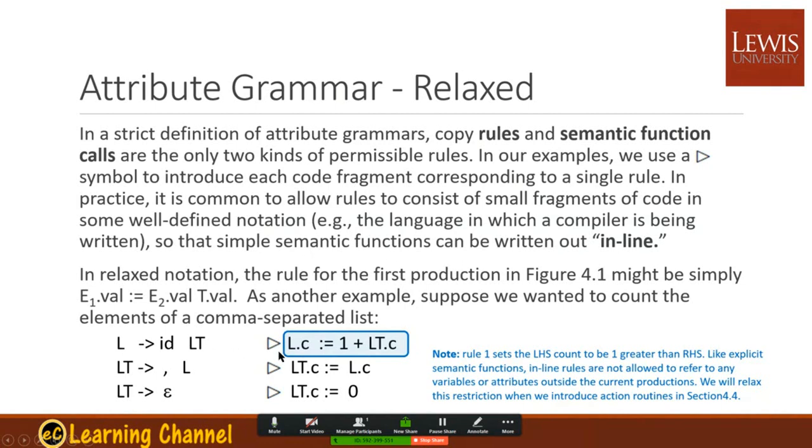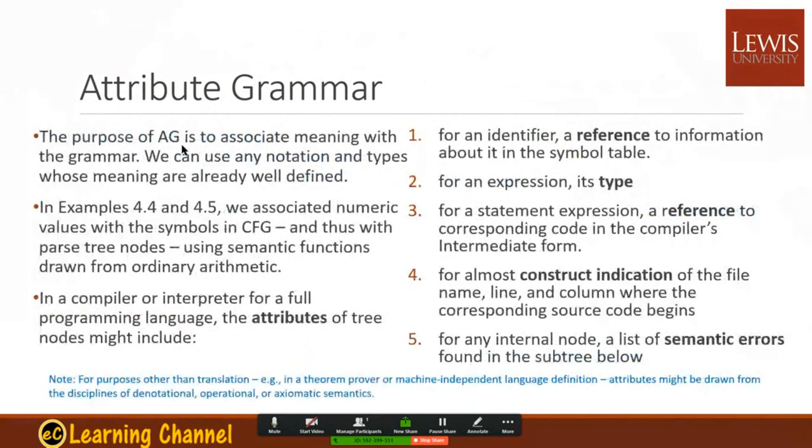So it's something like this. It's like this: E value equals E2 and T dot value, maybe plus or minus or something. And we can actually write it down like this. So that is a simpler way of doing it. Attribute grammar.